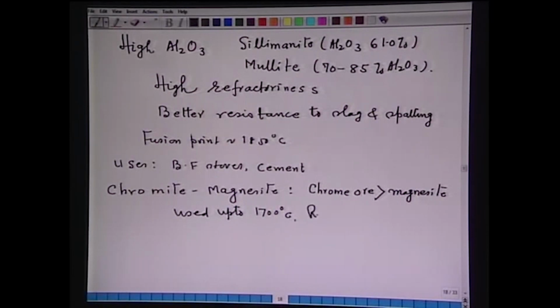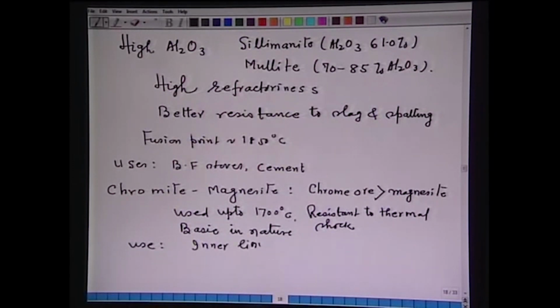They are resistant to thermal shock, and typically they are basic in nature. Their use: inner lining in BOF, inner lining in basic oxygen furnace converter, side walls of soaking pits.